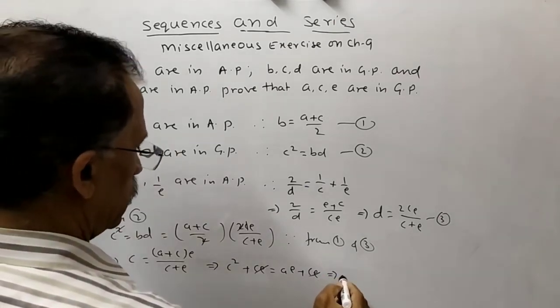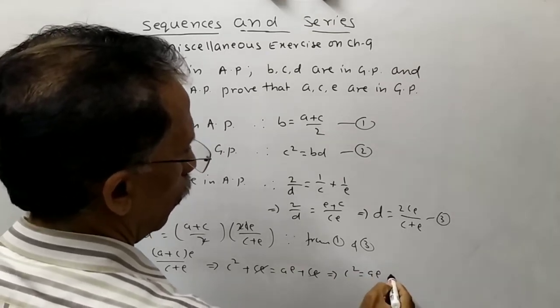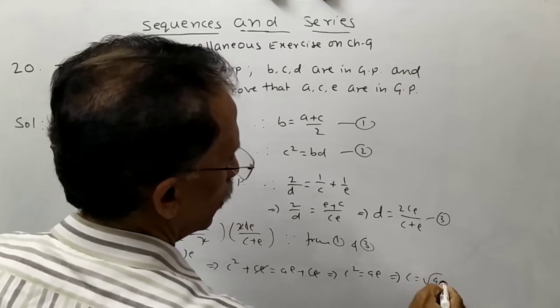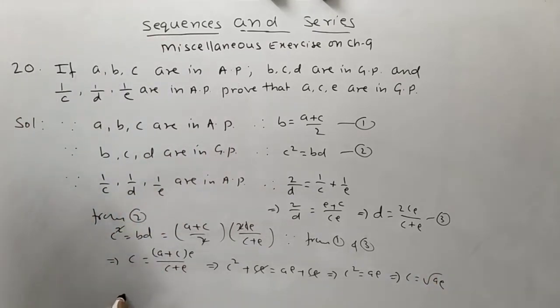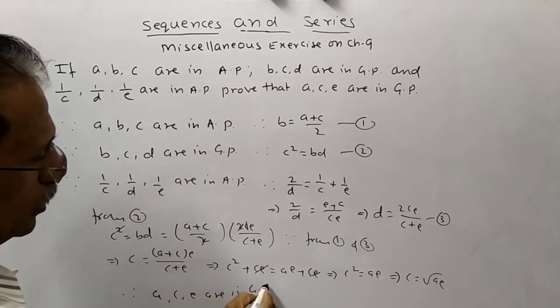This implies C square is equal to A, or we can write C is equal to square root of A. Therefore, A, C, E are in GP.